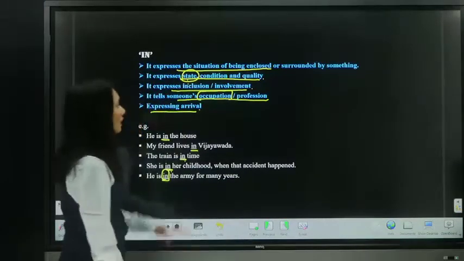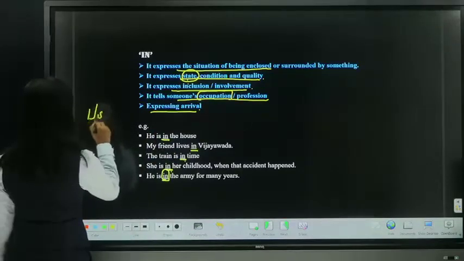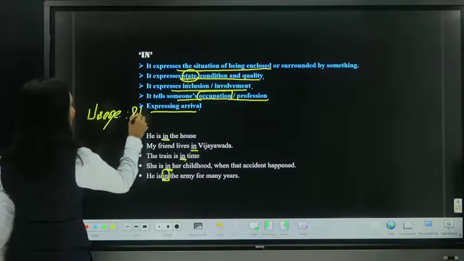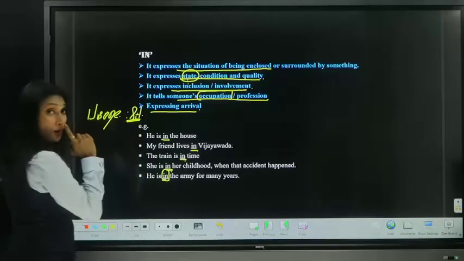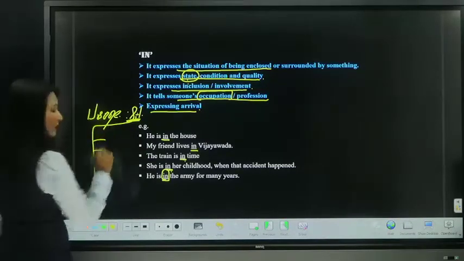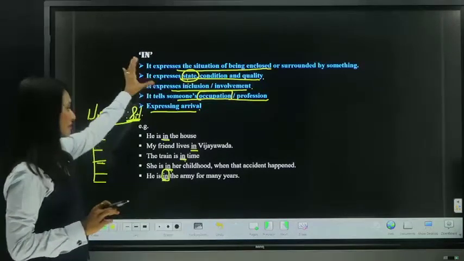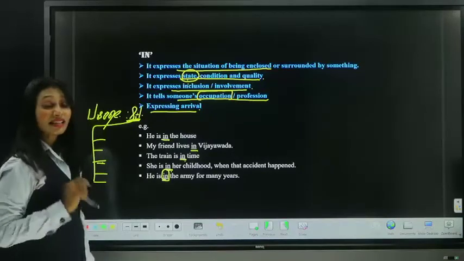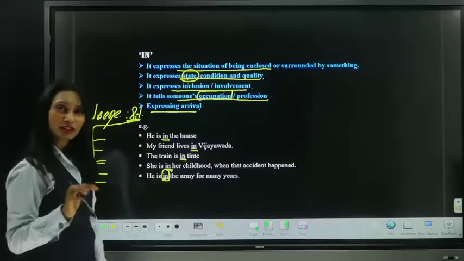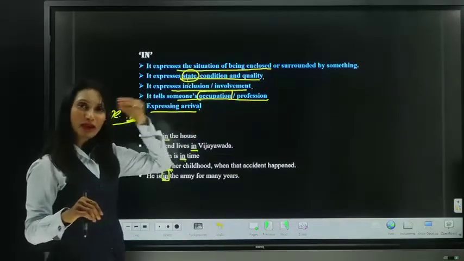We consider usage according to the situation, and in that situation, what are the prepositions we use and their usage. Taking just one preposition and listing out its uses is always uncomfortable to learn, because it is easily forgotten and not so easy to remember.